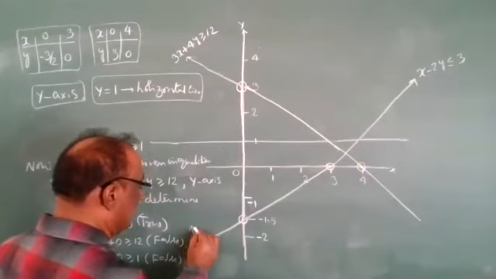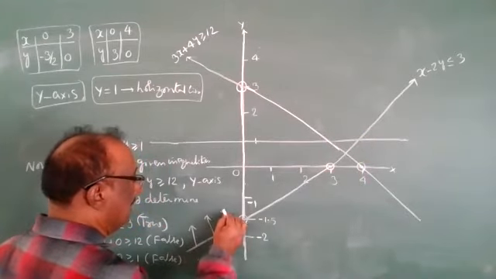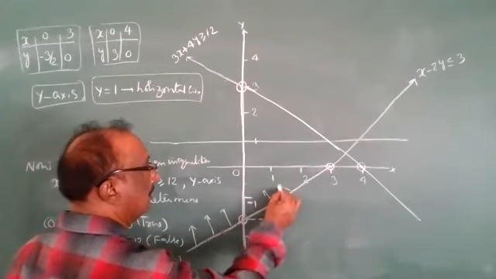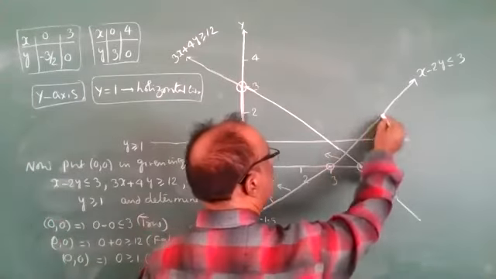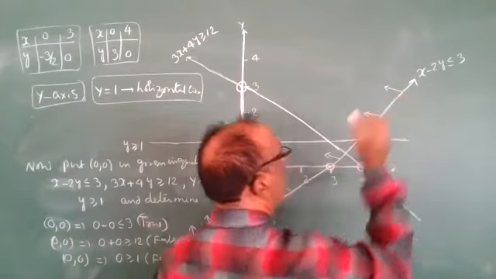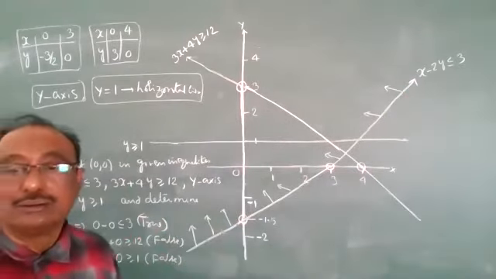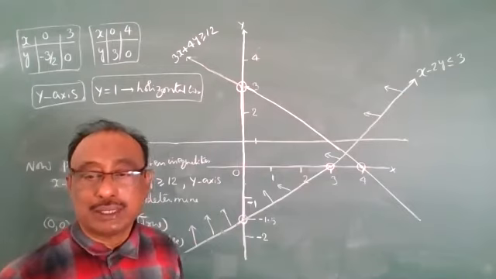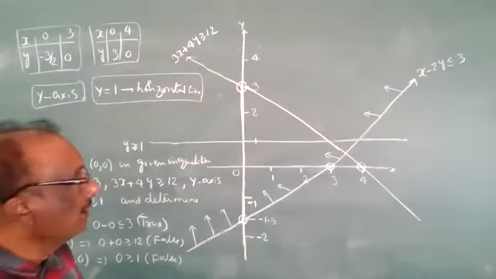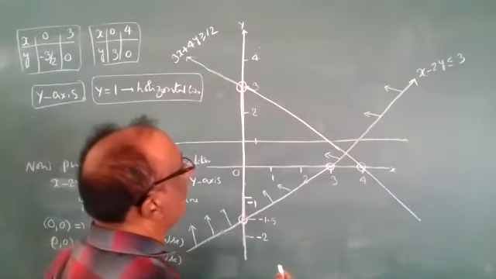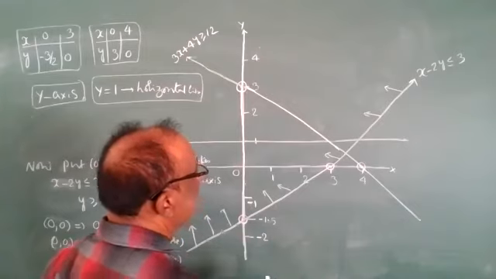This is the horizon side. Next, all the remaining sides are opposite to the horizon side.